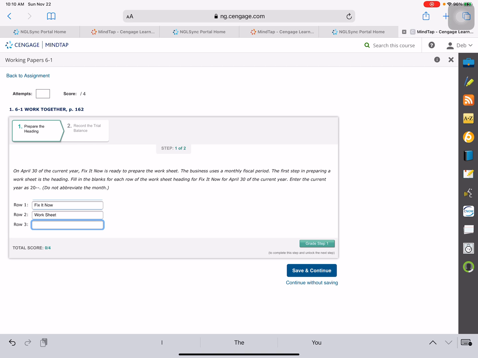Remember, a worksheet covers an entire fiscal period, which is the month. So we have to put 4 month, M-O-N-T-H, ended April 30th, comma, 20 dash dash.